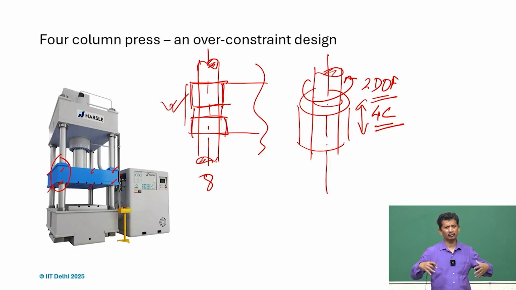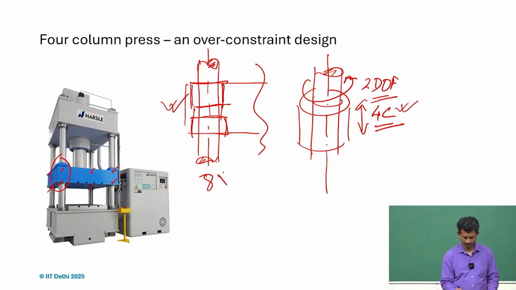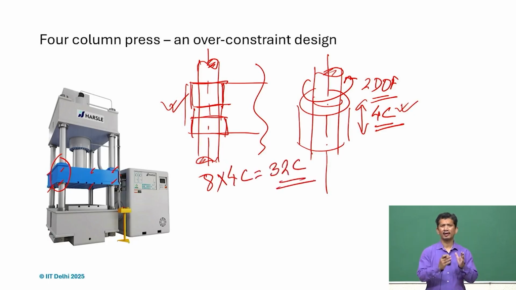Each bushing and the guide gives 4 constraints, 8 times. So we have already imposed a total of 32 constraints in this system.